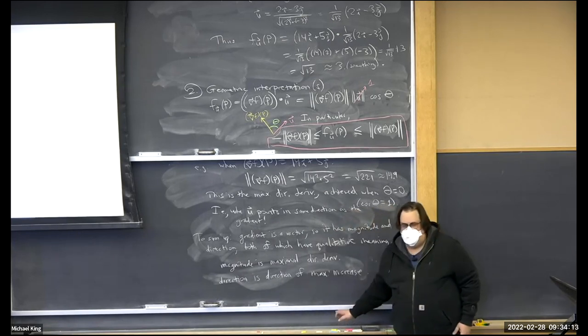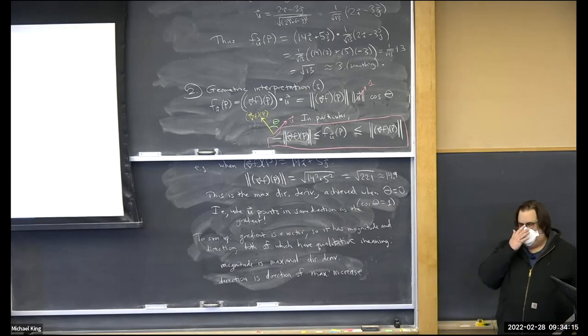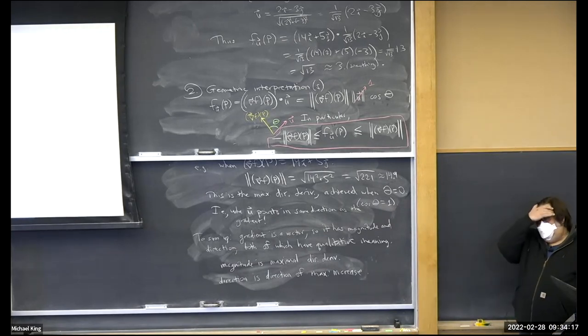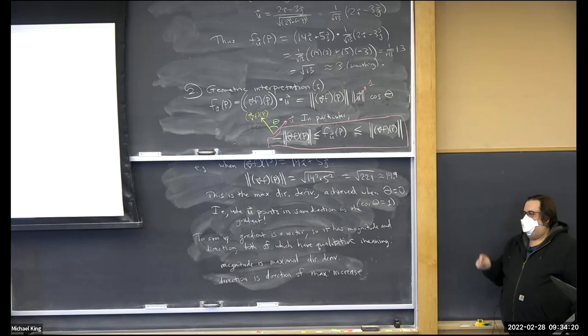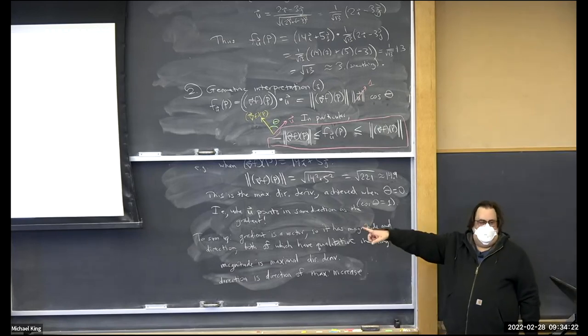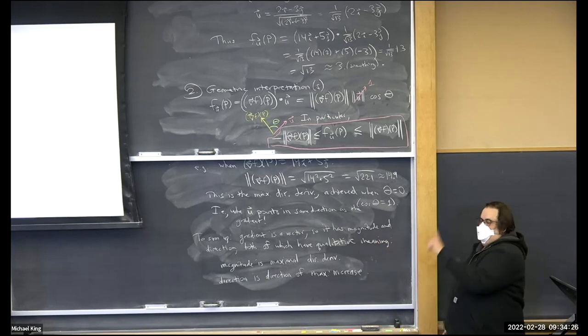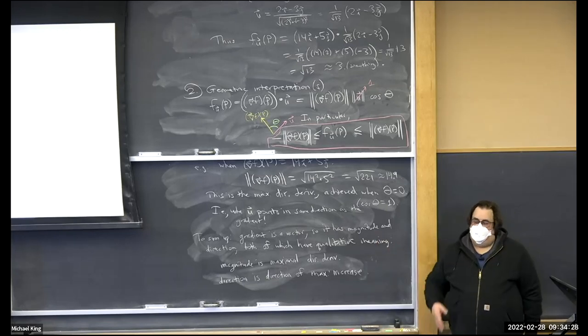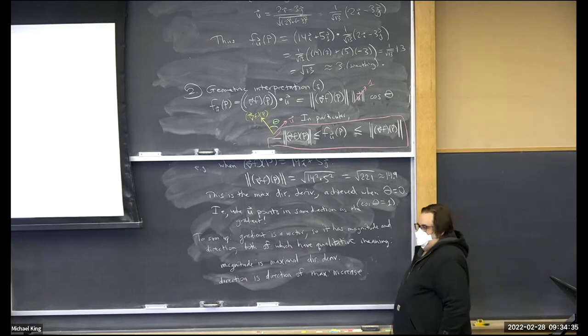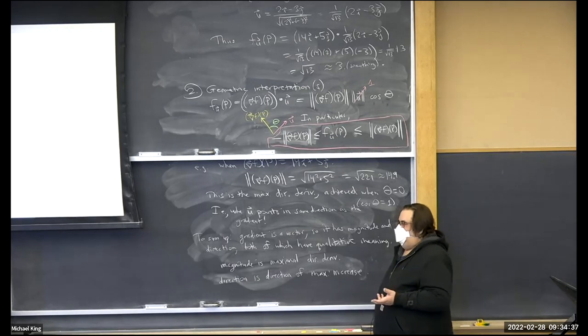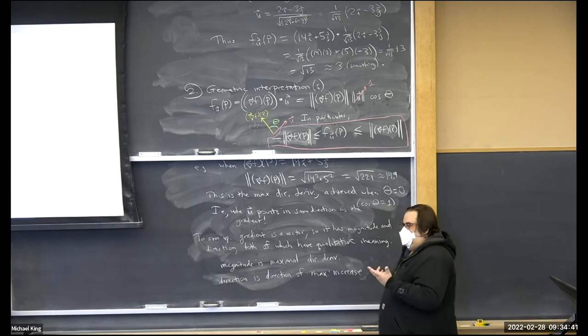So actually, this is super important because it's almost like a little recipe that tells you at every point, go this direction to go up the fastest. And then this is how fast you'd be going up at that point. In optimization techniques, a lot of times if you're trying to find a maximum value of a function in some complicated situation where you can't just look at a graph and point at it, there are techniques using the gradient where you basically follow the gradient.